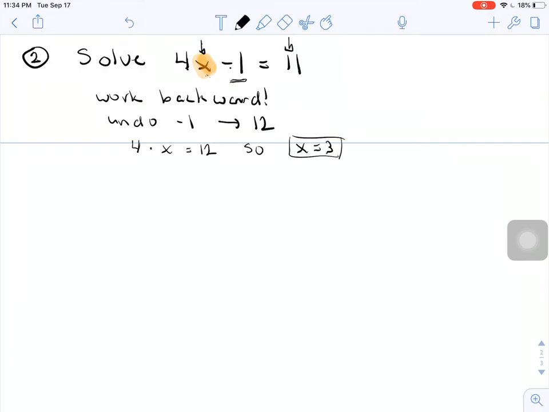So you should already have a list of keywords for addition, subtraction, multiplication, and division in your lesson notes. When we have an equation, we have an equal sign. There is a keyword that means equals that can let you turn a statement in words into an equation. The keyword for equals is the word is.